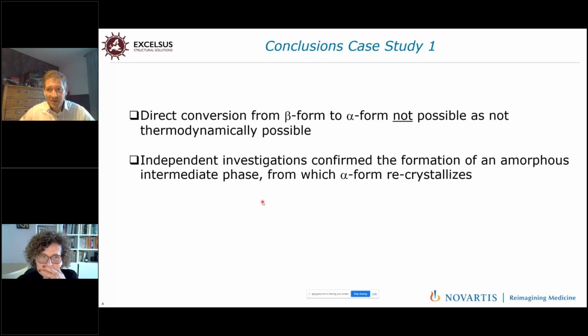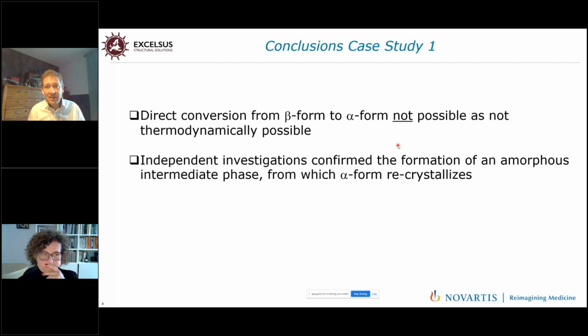Again, there is no opportunity to understand that a stable form would be converting into a metastable form, but it was leading us to understand that during drug product manufacturing, depending on some of the process parameters, we were producing an amount of amorphous material that was serving as a kind of reservoir of the compound to crystallize into the metastable form.